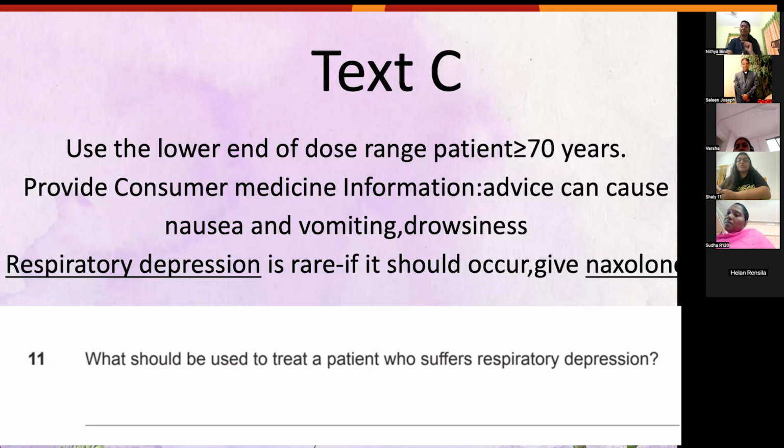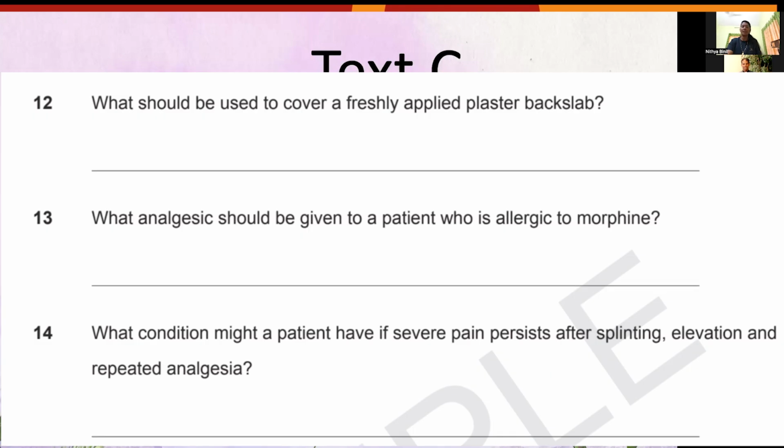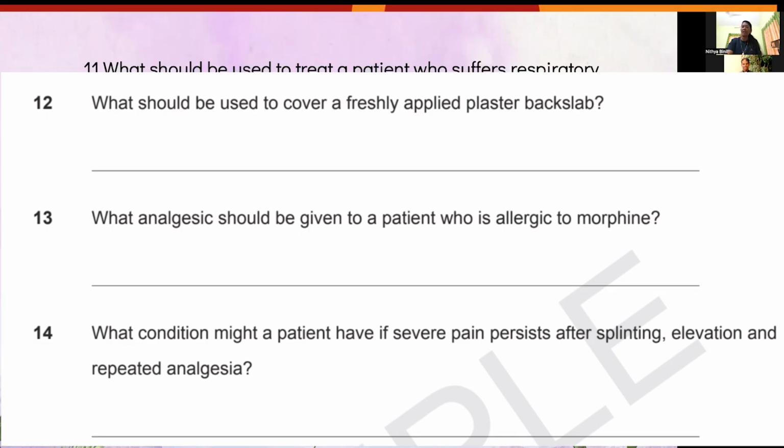What should be used to treat a patient who suffers respiratory depression? The answer is naloxone. It is already written. The next question, the 12th, is: what should be used to cover a freshly applied plaster back slab?